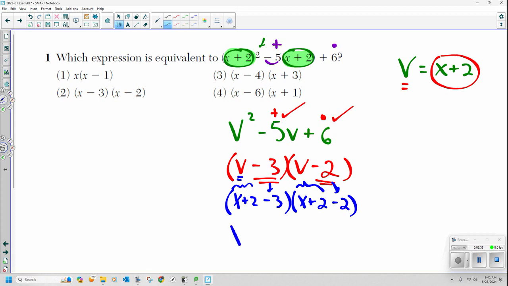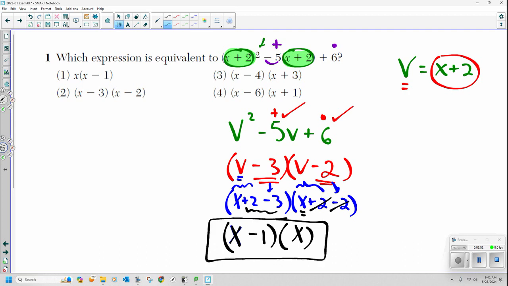I have x, 2 minus 3 is negative 1. And I have my x, and the positive 2 and negative 2 cancel. So I really have x times (x minus 1). That is choice 1.